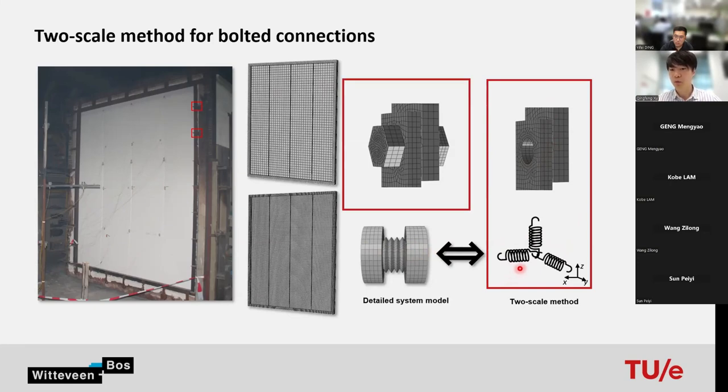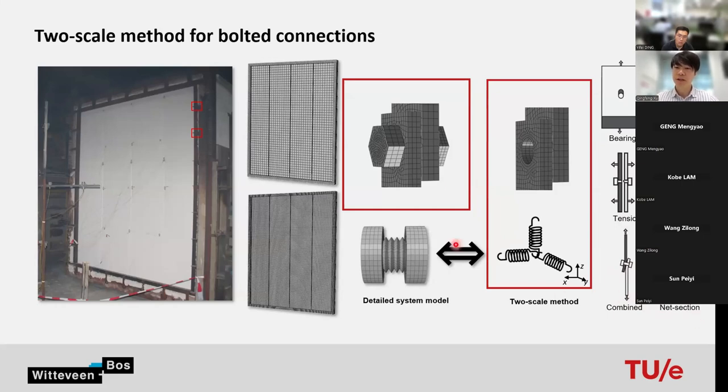I want to make sure the behavior of the two-scale method was more or less the same as the detailed system model listed here. As we have some Eurocode, they put some failure modes for the bolted connections: bearing, shear, tension, bending, combined bearing and shear failure mode, and they also have net section failure mode.